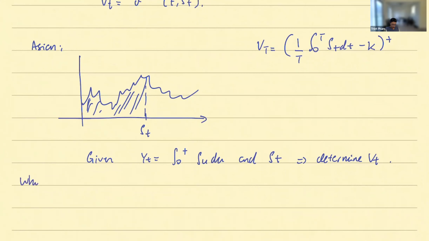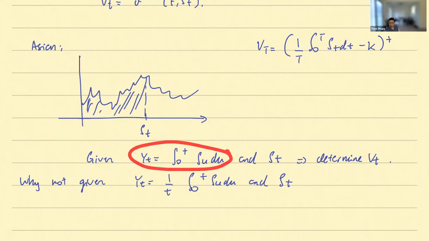Why not? Given this, you understand? Because the option depends on the average value, the average price process of the stock. So when I say this, am I being correct, or should I say this?